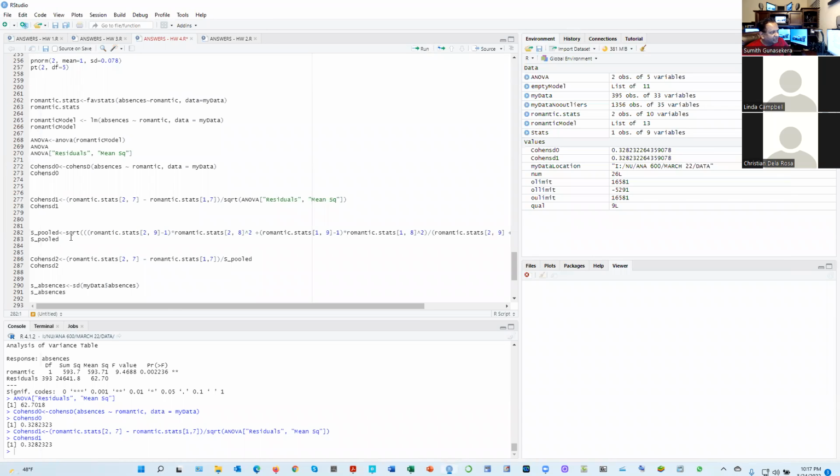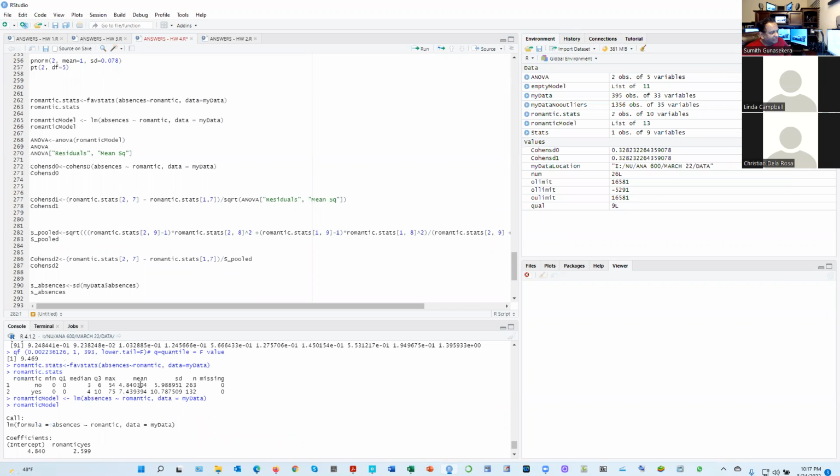I'm going to go to the square root. Go to the romantic stats and go to the 2 and 9, the ninth one, counting 1, 2, 3, 4, 5, 6, 7, 8, 9, which is the sample size, 263.